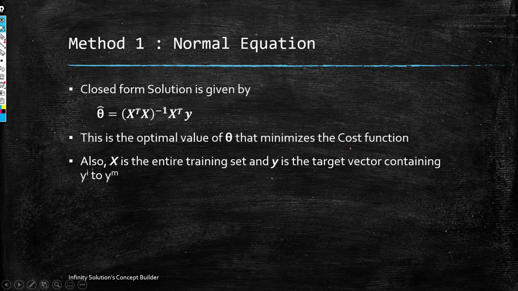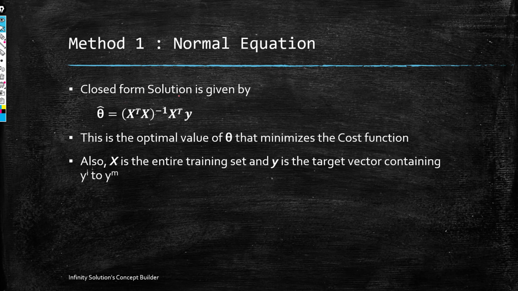We get the corresponding closed form solution. Luckily, linear regression has a closed form solution, but not all algorithms do. As we'll see with logistic regression, there is no closed form solution like this, and in that case we have to use gradient descent. But let's not go into that right now.